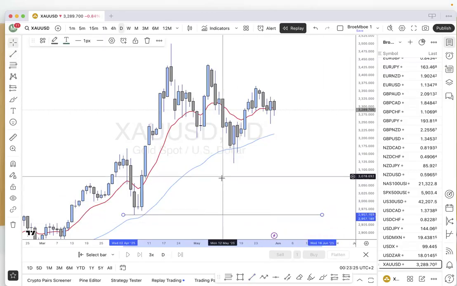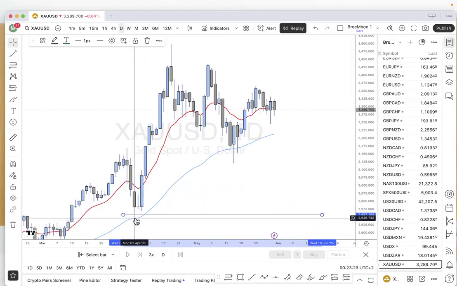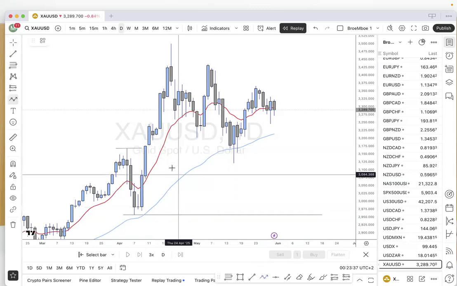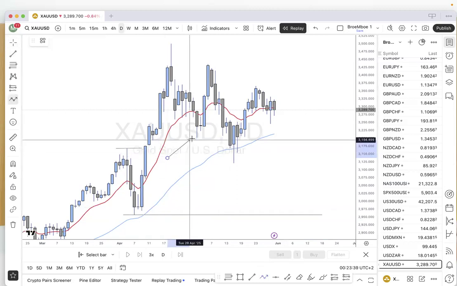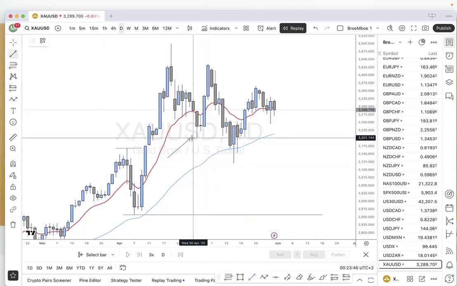The last confirmed low, meaning this is the low that took out the high. So that means this low right here did not take out any high. So it's not a confirmed low, but it is still a low.